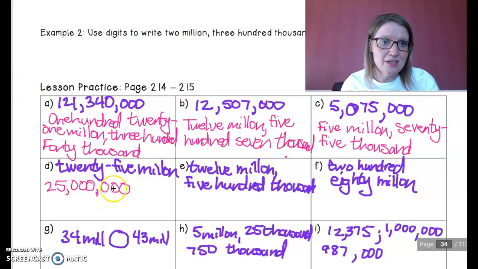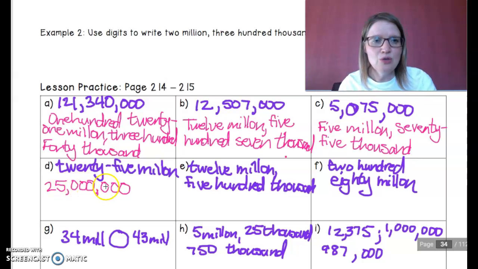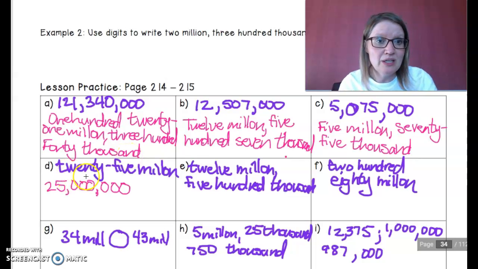The way I see it is if you want to go with a million, you need 6 zeros or 6 place settings, 6 spots before you jump into a million. So when I start counting zeros when I'm looking at big numbers, that helps me figure it out.